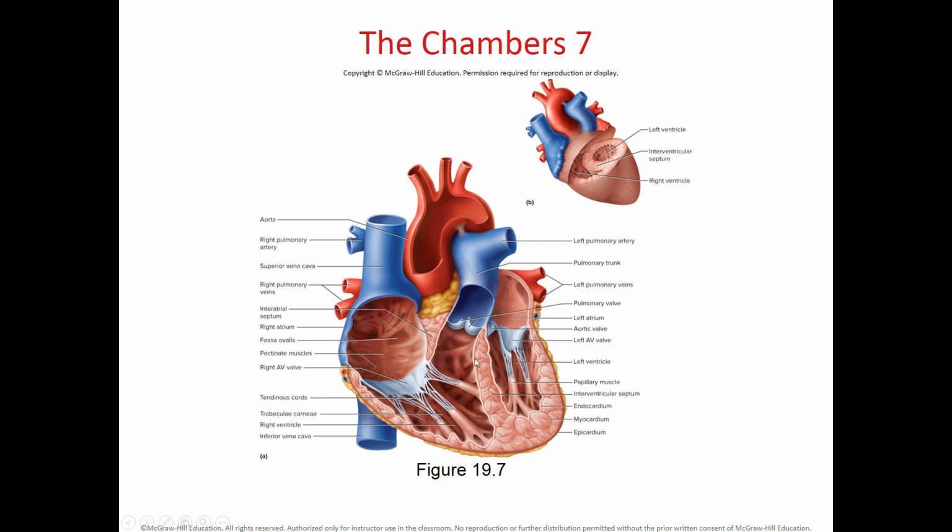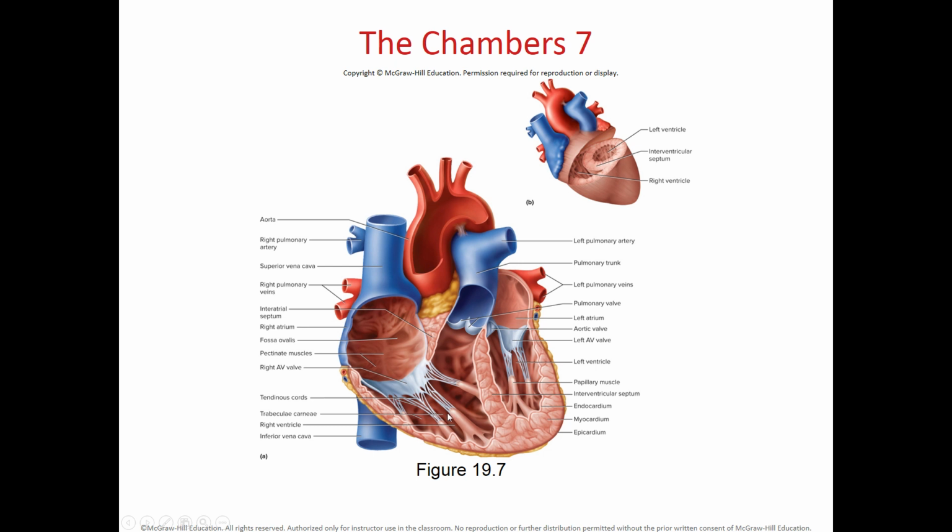So just to see a little bit of these details of the internal chambers of the heart, these will be the pectinate muscles, and these will be the trabeculae carneae. Another feature that you can see in the ventricles will be the presence of these muscles, which are known as the papillary muscles.